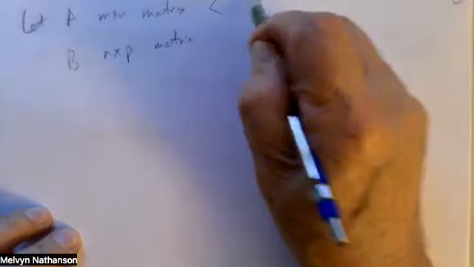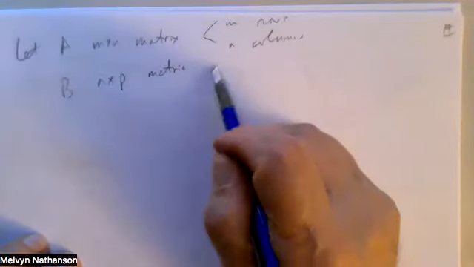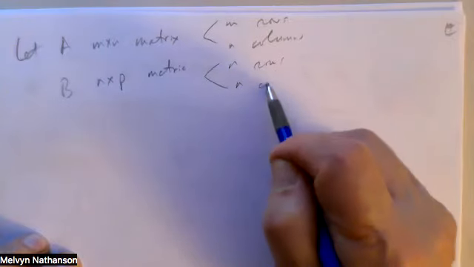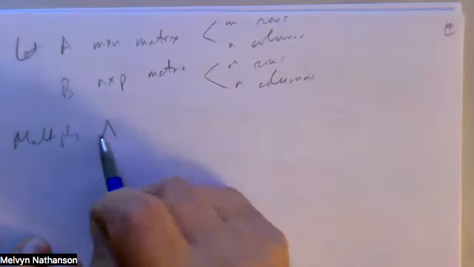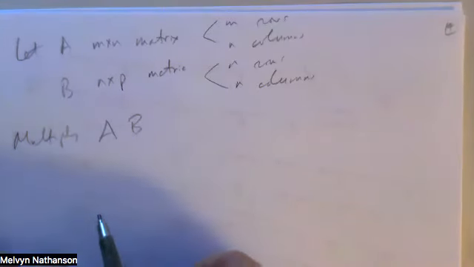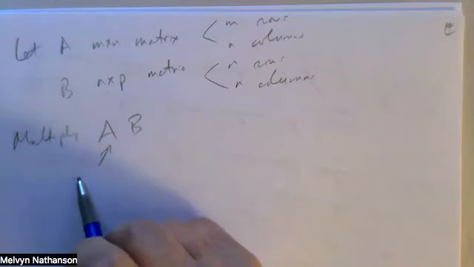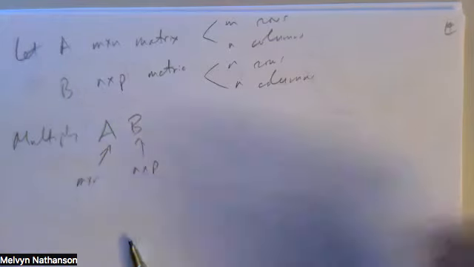So this has m rows and n columns. This has n rows and p columns. And if you want to multiply the matrices A, B, you can do it exactly when this is m by n, this is n by p.